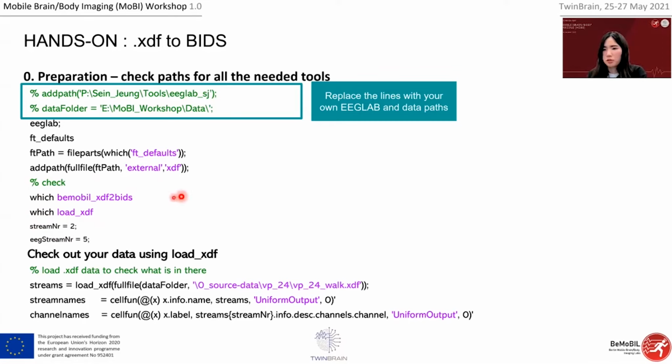I hope this was enough time to run all these lines. Then you check whether everything is in place. You should be able to find the bemobil XDF to BIDS script if you added the bemobil pipeline in your EEGLAB plugin folder.